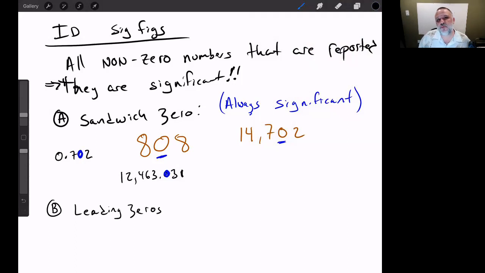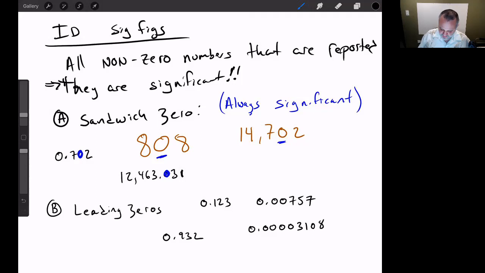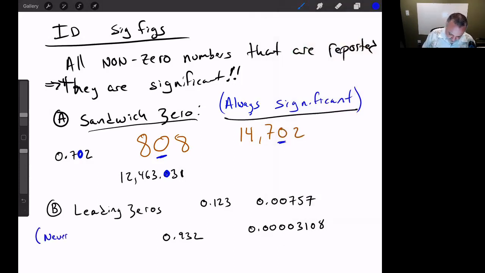And the only time that you ever see zeros in front are in situations like this, 0.123 or 0.00757 or 0.932 or 0.00003108. So let's think about these numbers here. Sandwich zeros were easy to deal with because they're always significant. Leading zeros are easy to deal with because they're never significant.